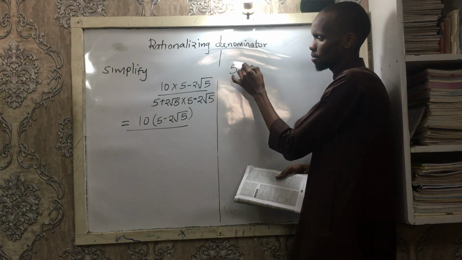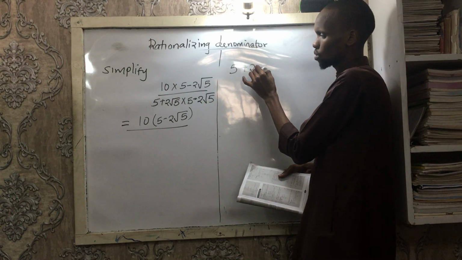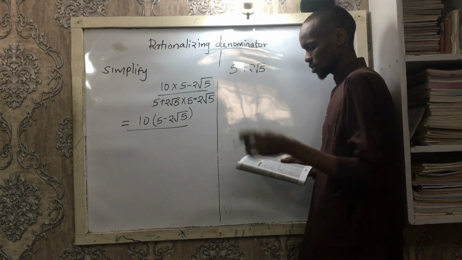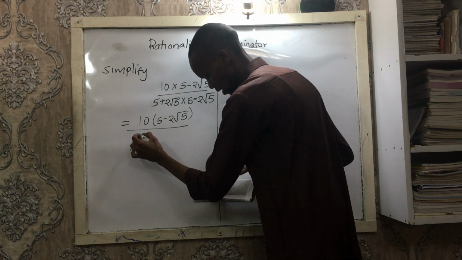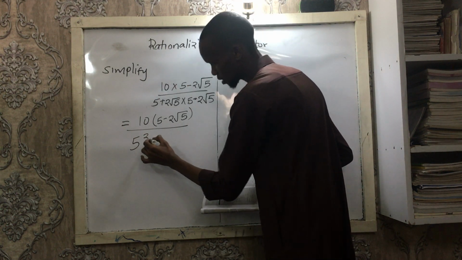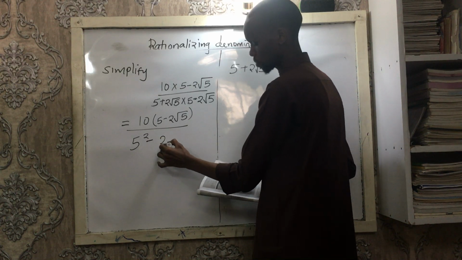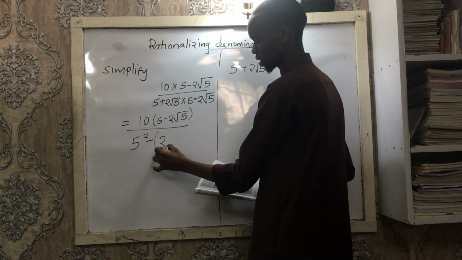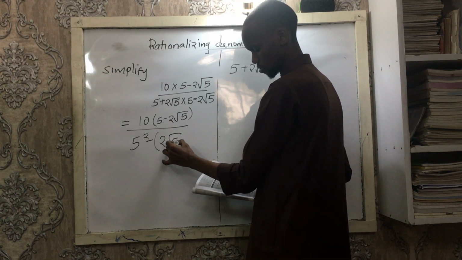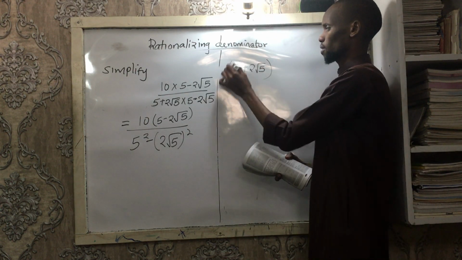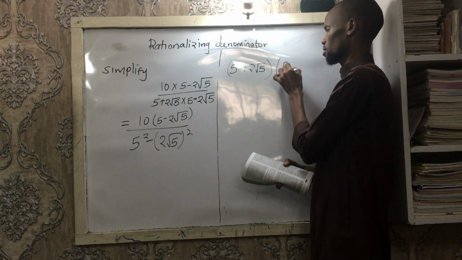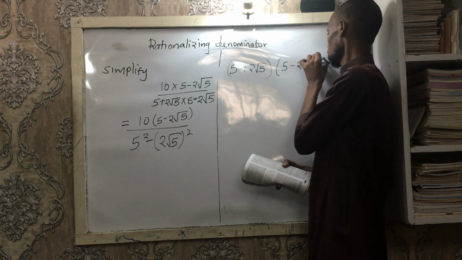But I guess you know how we open it, right? Simply we'll have 5 squared minus 2 root 5 squared. But I will solve it here so that you can understand. Open 5 plus 2 root 5 with 5 minus 2 root 5.